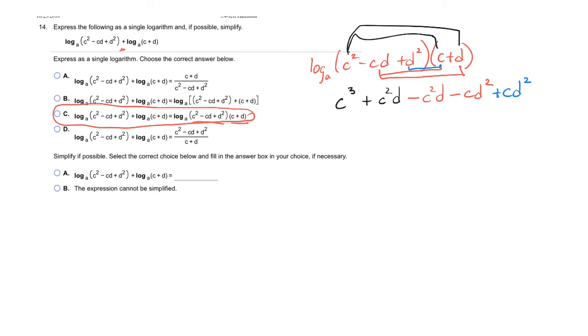I'm just putting them in alphabetical order there. And then the last one would be plus d cubed. So these are the same but opposite signs, so they cancel. Same with those, cancel. So really, I would have at the end log base a of c cubed plus d cubed.